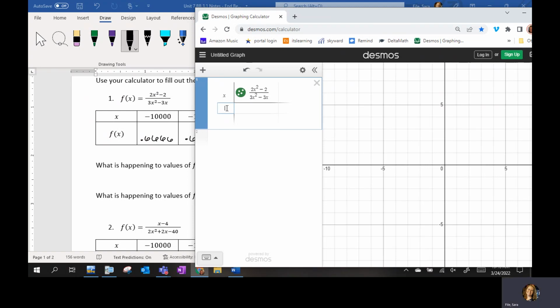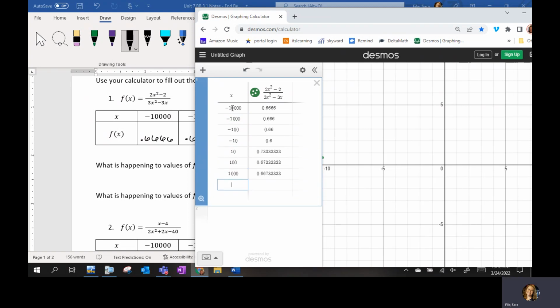Okay, and then I fill in the x values that I want, which I know are negative 10,000, negative 1,000, negative 10, and then positive 10, 100, 1,000, 10,000.